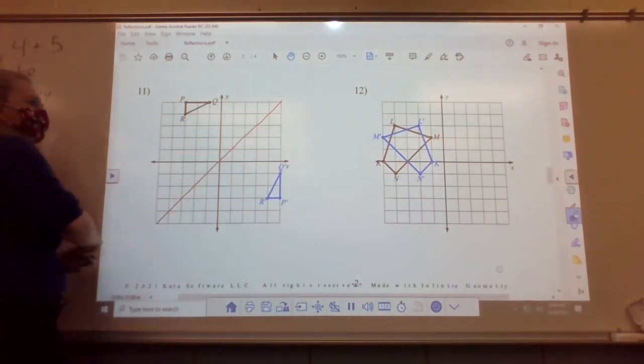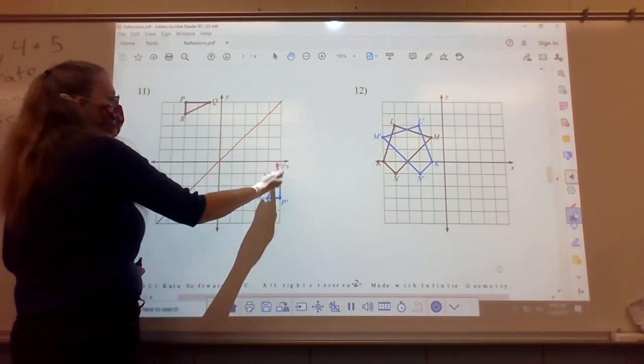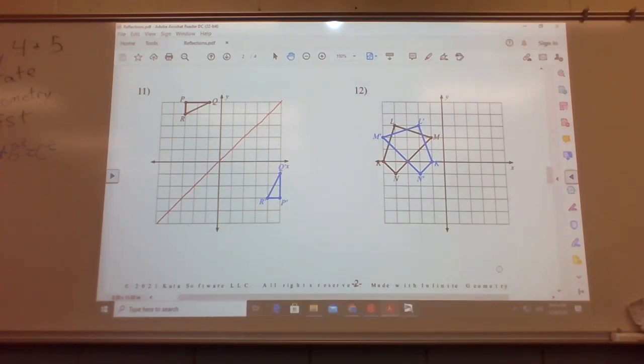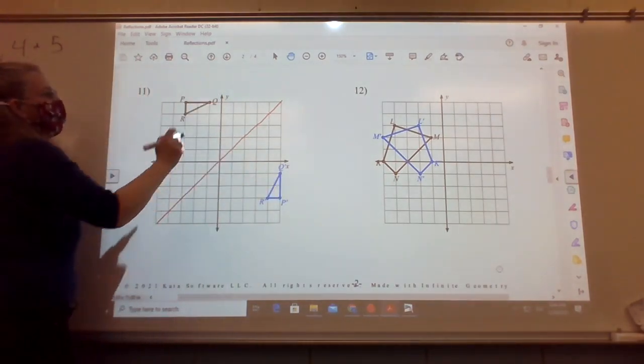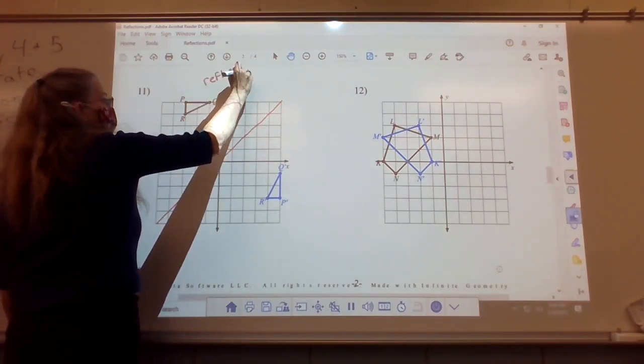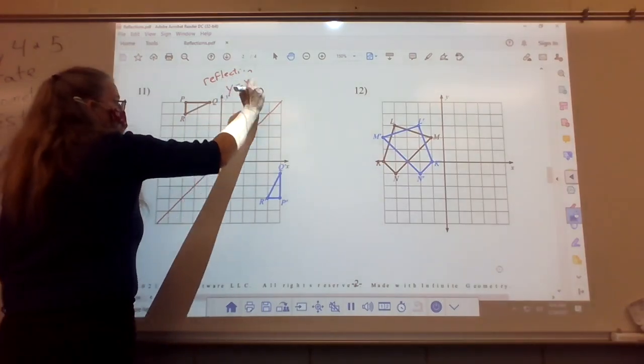If it was a rotation, the Q would have spun and the Q would have been sitting below as opposed to still up top. So sometimes the Y equals X and the Y equals -X can sometimes look like a rotation. But the shape didn't actually change directions. It just flipped. So it's a reflection. The line's this way, so it's Y equals X.